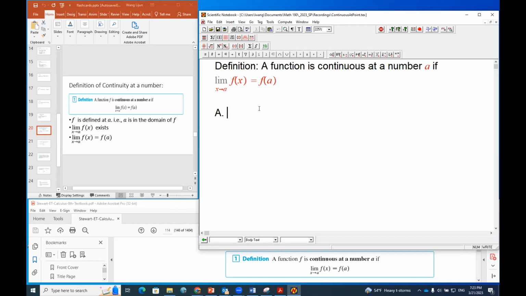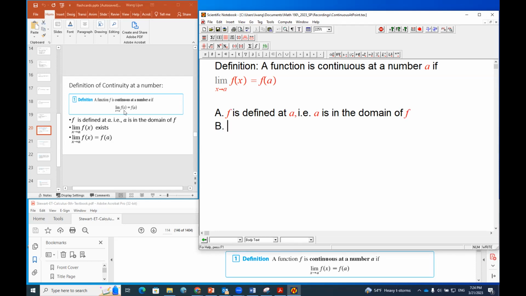The first item is f is defined at A, that is, A is in the domain of f.